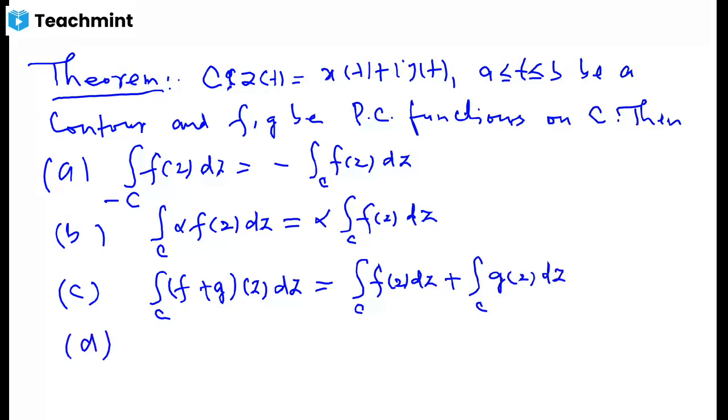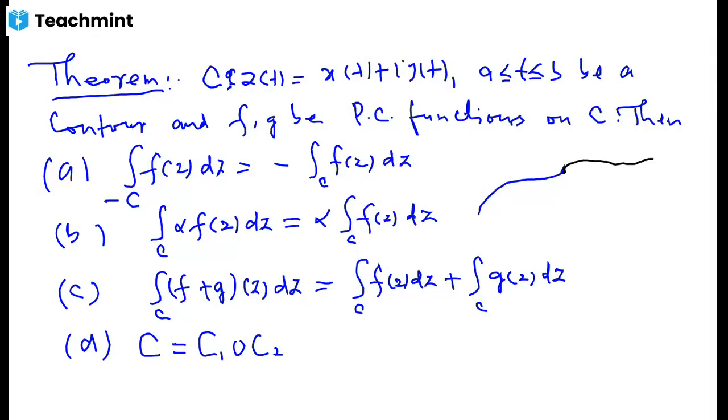And further, if C is made up of two contours like this, you have one contour, and maybe there's another piece from here.